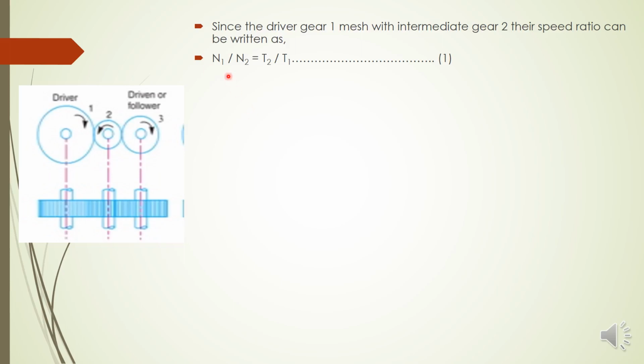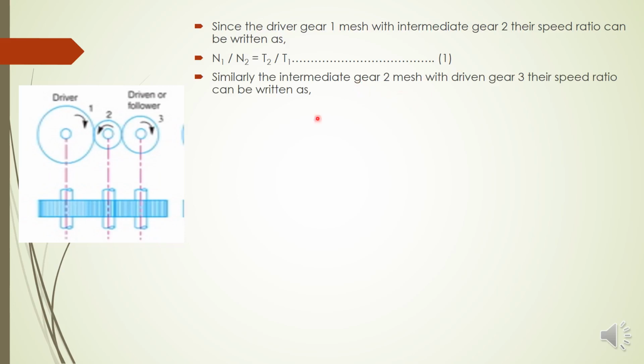We already studied this: for two intermeshing gears, the speed ratio is inversely proportional to the number of teeth. We studied this in the earlier session. We can write this for 1 and 2 because they are directly meshed here. So N1 by N2 will be T2 by T1, the inverse of their number of teeth. Let this be equation 1.